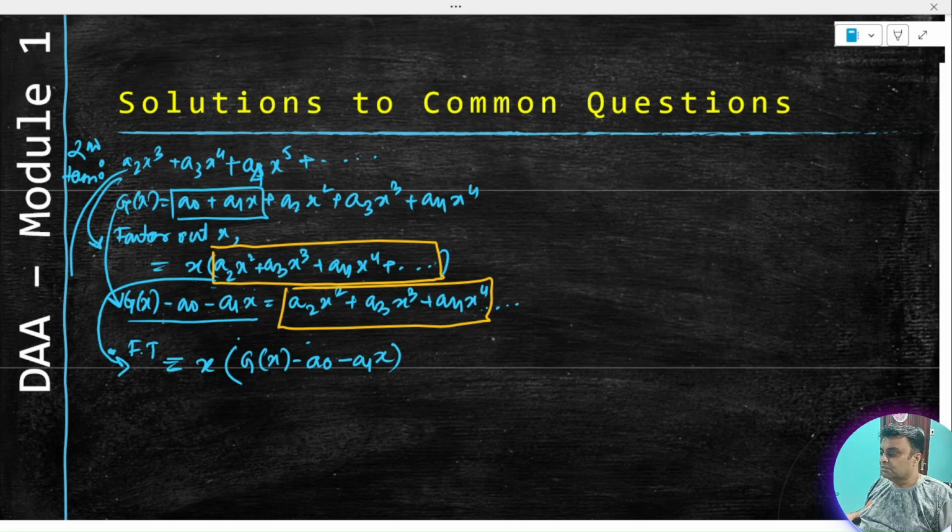So my first term is actually equal to x multiplied by g(x) minus a0 minus a1x, because this I have substituted here, right? Because this is equal to this, so I have substituted g(x) there. So my first term is equal to this.